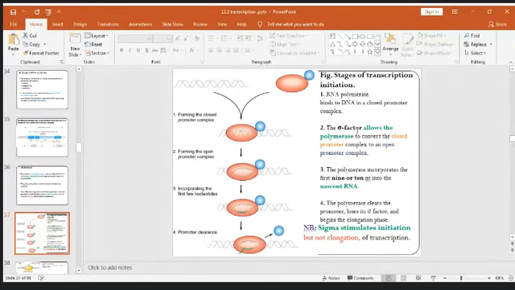Because the sigma factor allows the polymerase to convert the closed promoter complex to an open promoter complex. As you can see on this page, formation of the open promoter complex comes there.